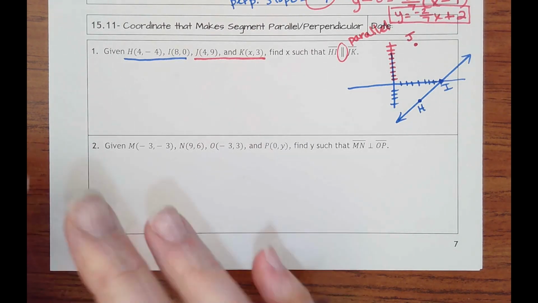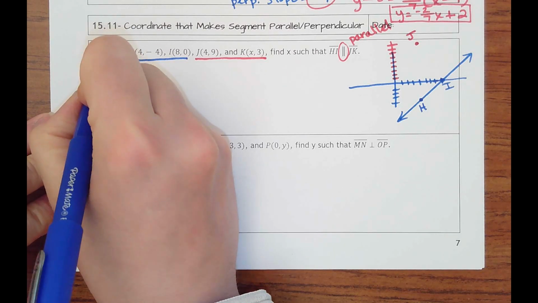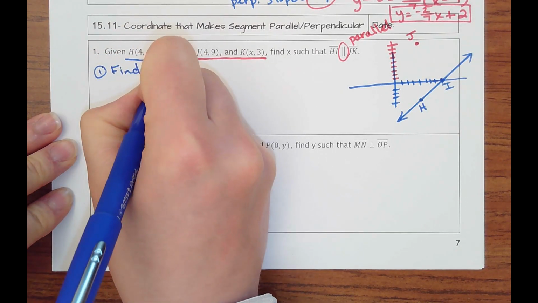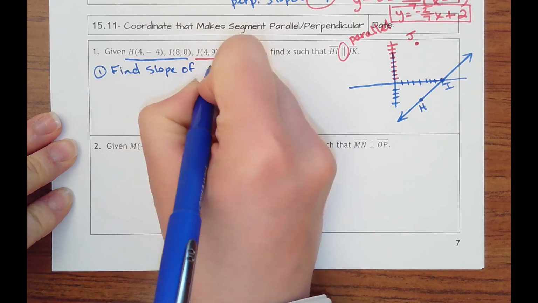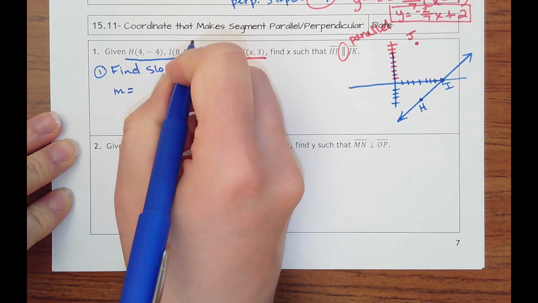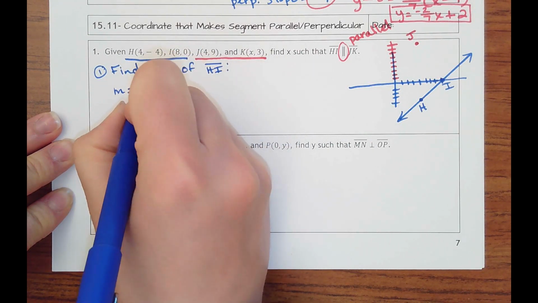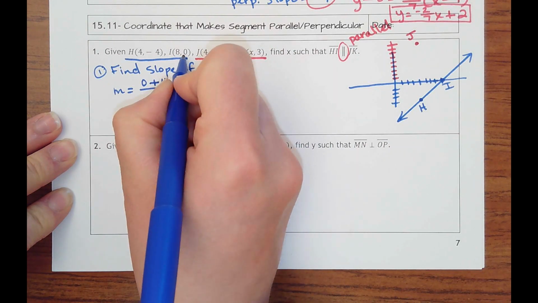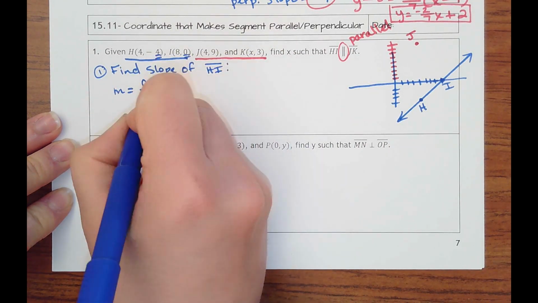So the first thing I would want to do is find the slope of HI. So that would be m equals y2 minus y1. It'd be 0 minus -4, be 0 plus 4, and then 8 minus 4.